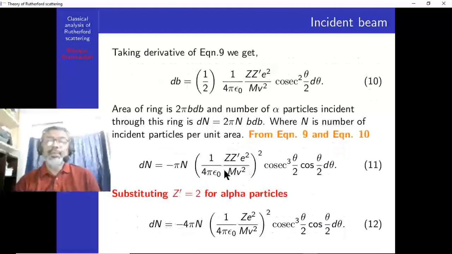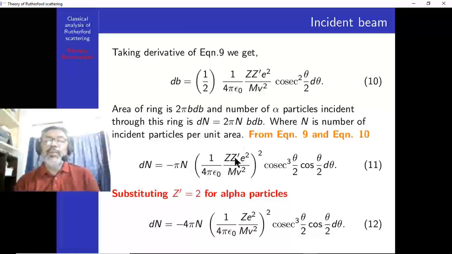So we substitute, then we get dn equal to minus pi n, then 1 by 4 pi epsilon naught zz prime square by mv square whole square, and then this cosec square theta by 2 becomes cosec cube theta by 2, and because we had a cot, so we have a cos theta by 2, and this minus sign has come from the derivative.